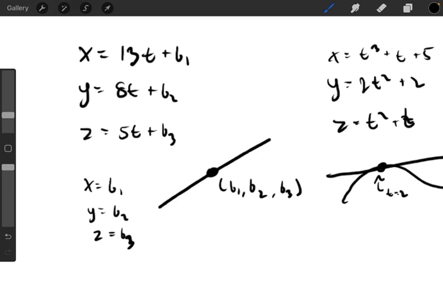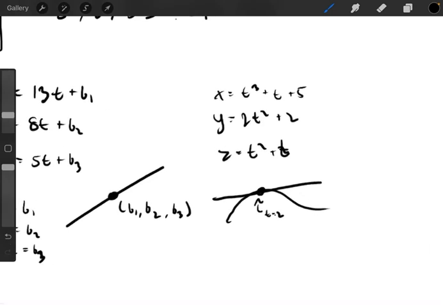So b1 is the x coordinate of the curve at t equals 2, b2 is the y coordinate of the curve at t equals 2, and b3 is the z coordinate of the curve at t equals 2.